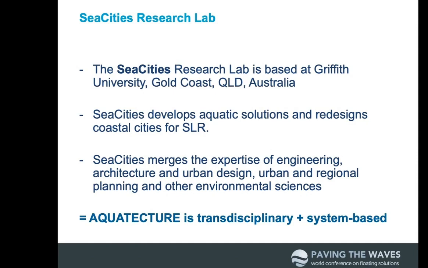As you have seen already, we are developing aquatic solutions and redesigning coastal cities for sea level rise. We are merging the expertise of engineering, architecture, urban design, urban and regional planning, and other environmental science. We are very interested in promoting the term aquatecture further, which is transdisciplinary but also system-based.